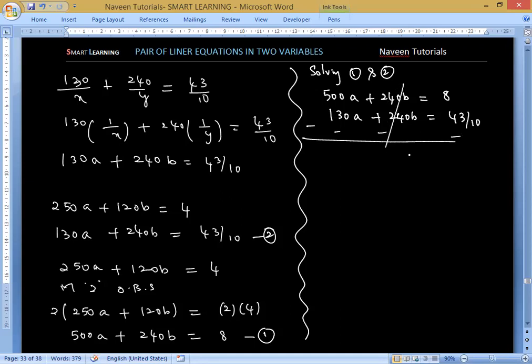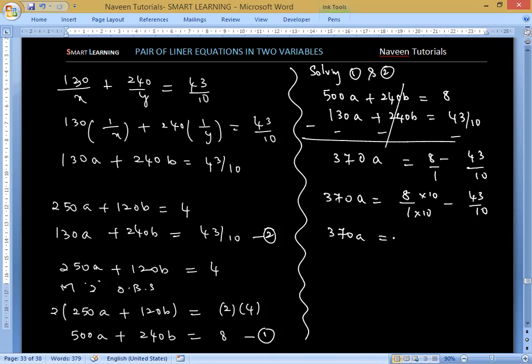So 240B cancels. 500 minus 130 is 370, so 370A is equal to 8 minus 43 by 10. Writing 8 as 8 by 1, I multiply by 10 to make the same denominators: 80 by 10 minus 43 by 10.